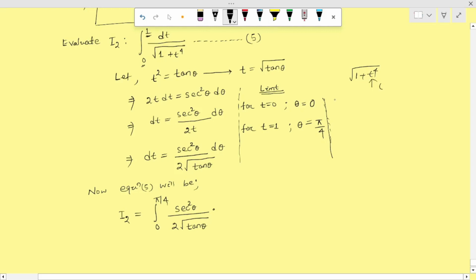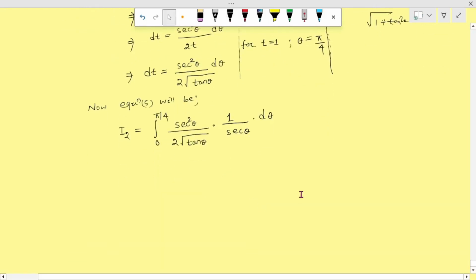If we consider t square as tan theta, then this value will be 1 plus tan square theta, whose root is sec theta. So directly I am going to write 1 by sec theta d theta.